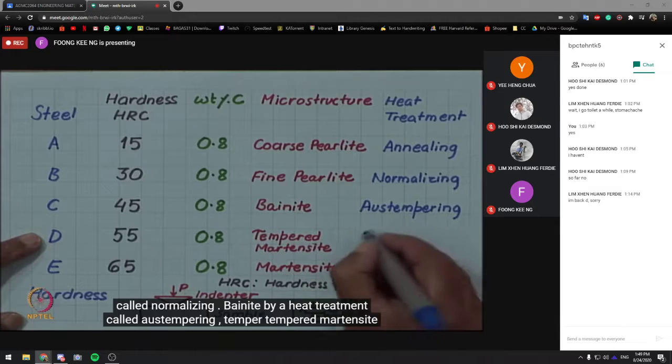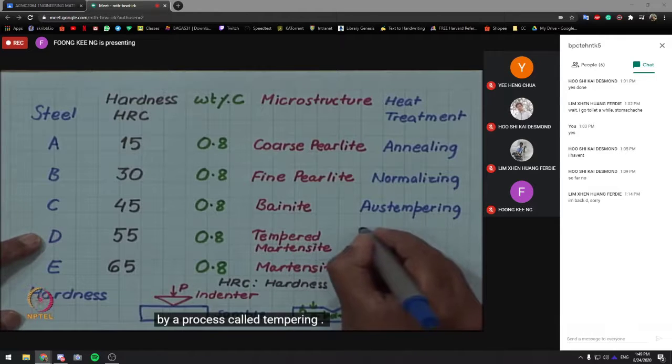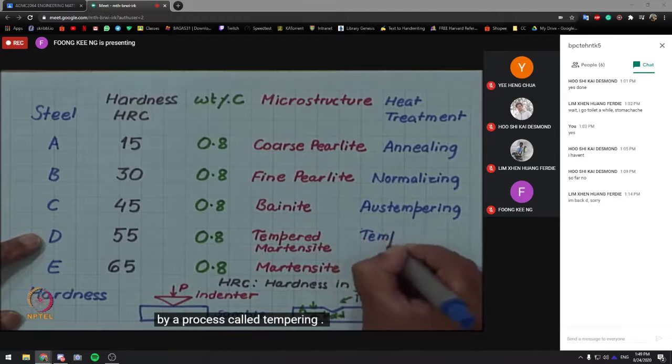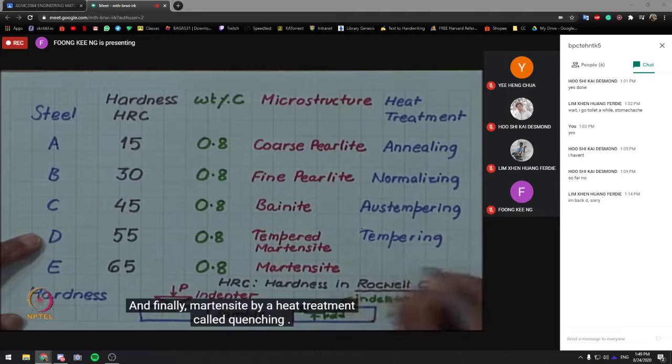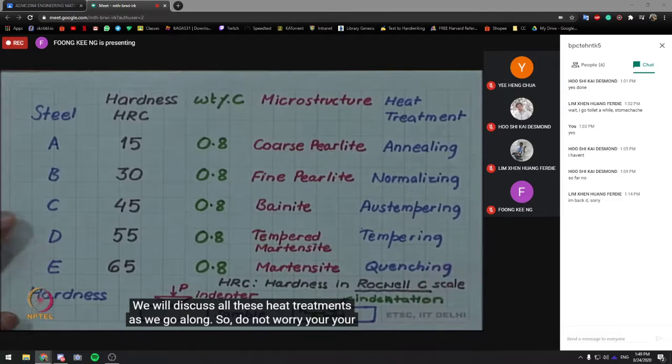Tempered martensite by a process called tempering. And finally, martensite by a heat treatment called quenching. We will discuss all these heat treatments as we go along. So don't worry, you are not familiar with these names already.